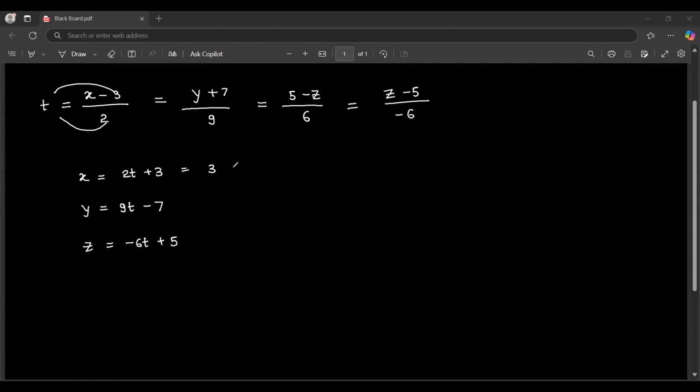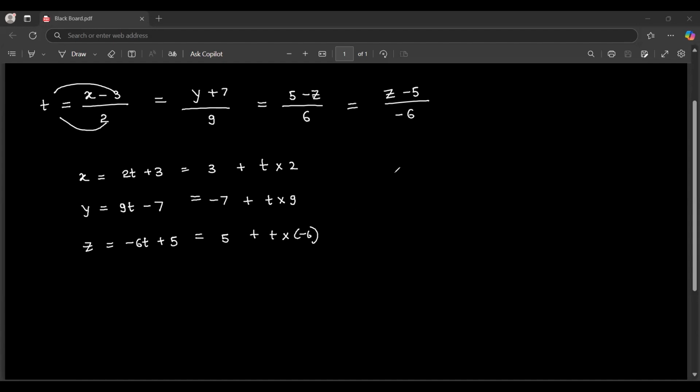Why? You can rewrite this as 3 plus 2 times t. And this will be minus 7 plus t times 9. And this will be 5 plus t times minus 6.